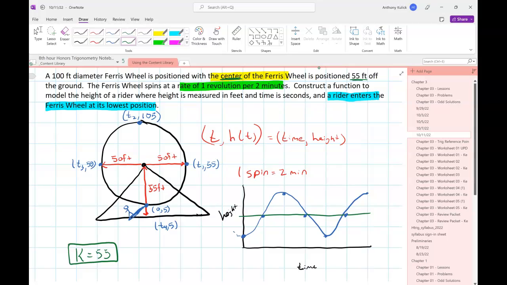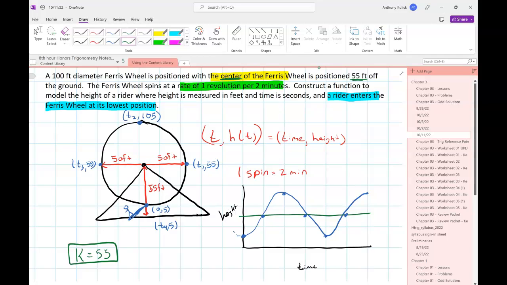If it's not at the center, then it's a different story. Everybody's cool with that? So if it's not that case, you might have to draw the picture. But as long as the center of the Ferris wheel is this much above the ground, that number is just going to be your k.